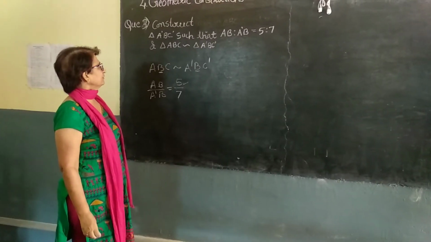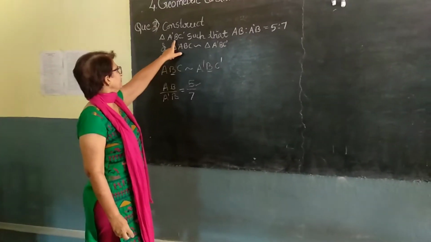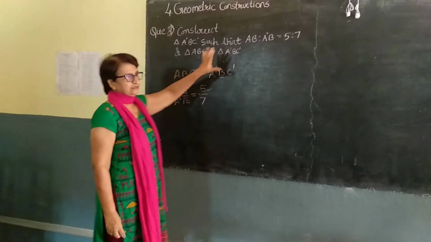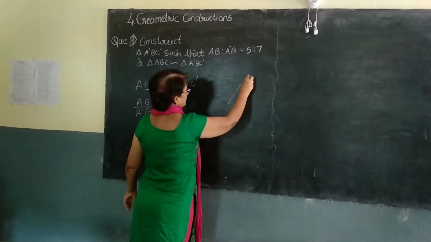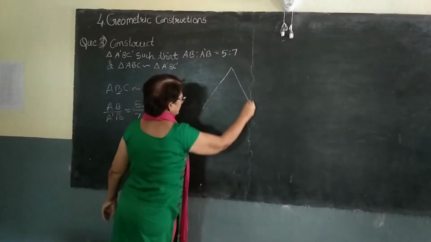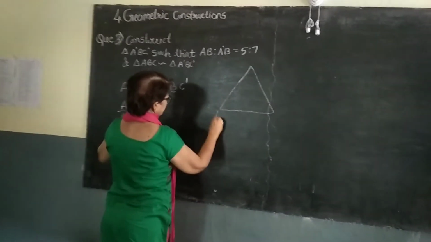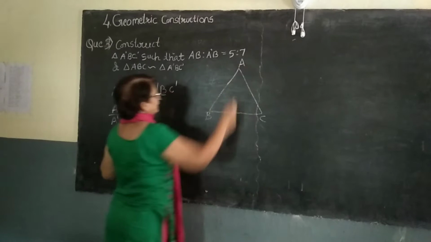Now let's come back to the construction part. Here also is the same thing. We have got the point B common, but there is a slight difference between the two. Here supposing I draw a triangle ABC, which point is common? B. So B I keep here, B, C, A, right?